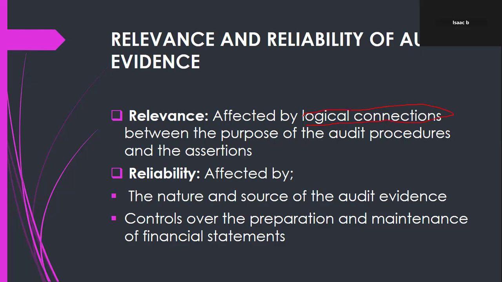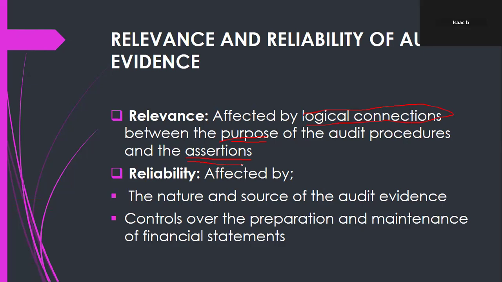You have to make a logical connection between the purpose. Why are we carrying out the audit? Why are we carrying out these particular audit procedures? Then also the assertions: what are we trying to obtain? What are we trying to test? What are we trying to check in a particular business?